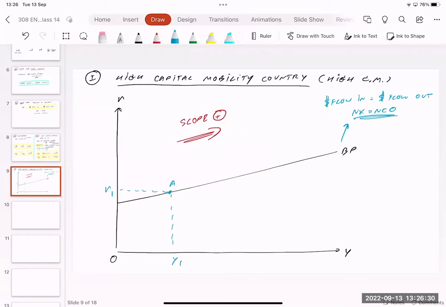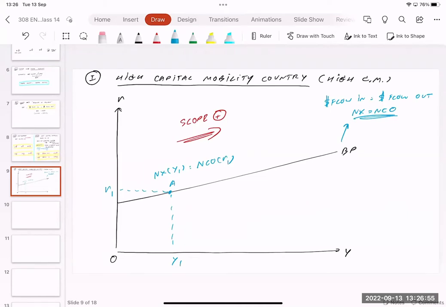Don't forget that GDP has effects on imports and NX. So at the level of GDP Y1, NX(Y1) equals NCO(R1). NX equals NCO at point A.